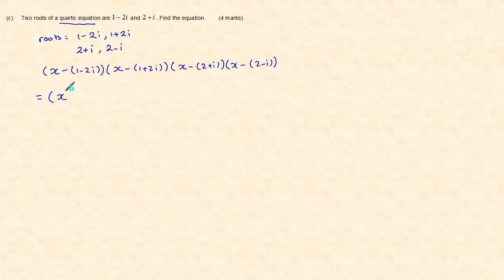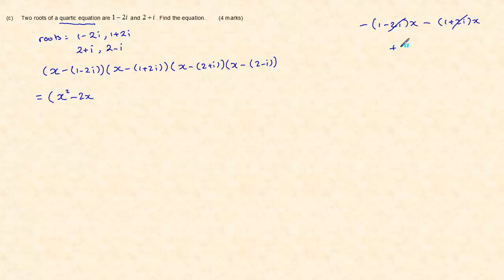I get x squared, take away 1 minus 2ix, take away 1 plus 2ix. And if you look at that, you can see the imaginary parts will cancel, and we just get minus 2x.